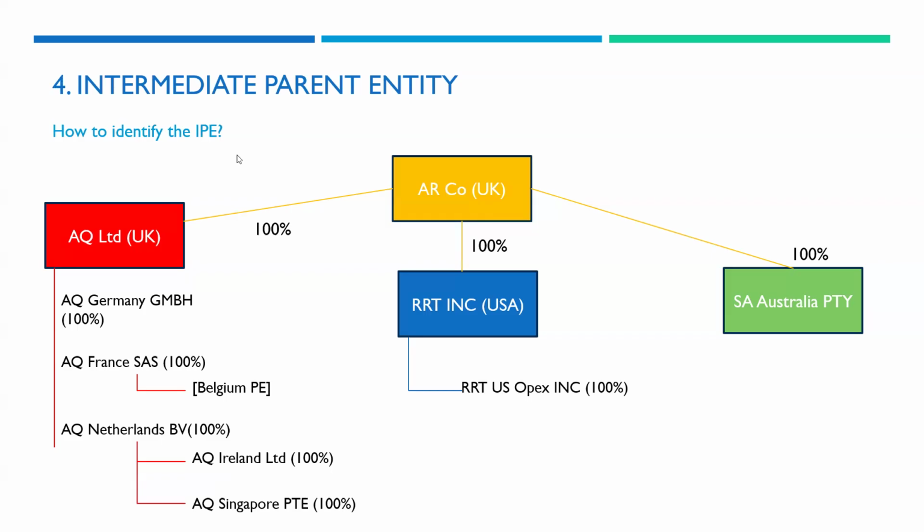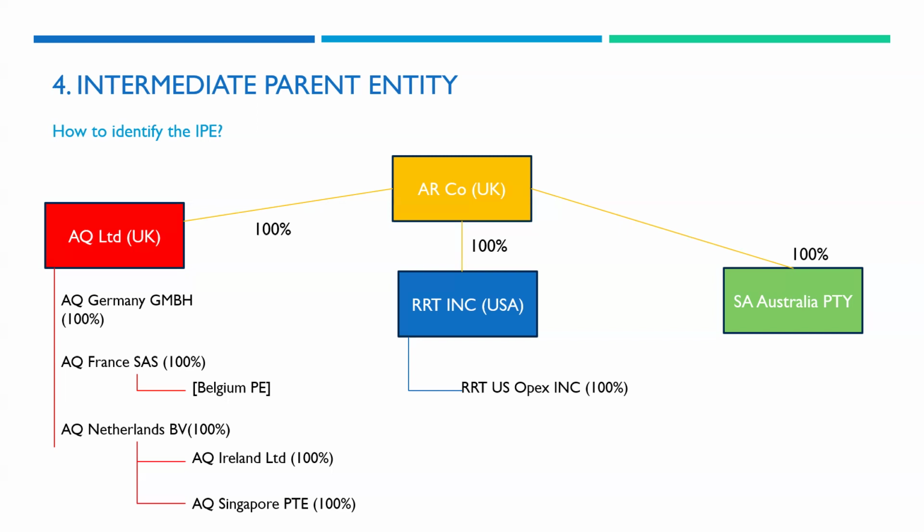Are you getting the point? If AR is in a jurisdiction like the UK, then it will collect in respect of everybody and pay in the UK. But if it is not in such a jurisdiction, then these two have to do it separately. This one will not, because it does not have controlling interest in another entity. Is that example clear? If yes, give me a thumbs up.